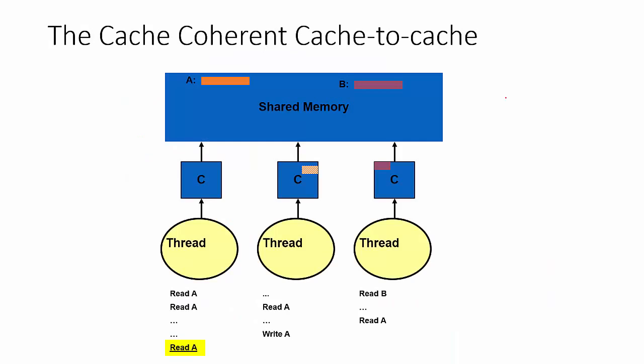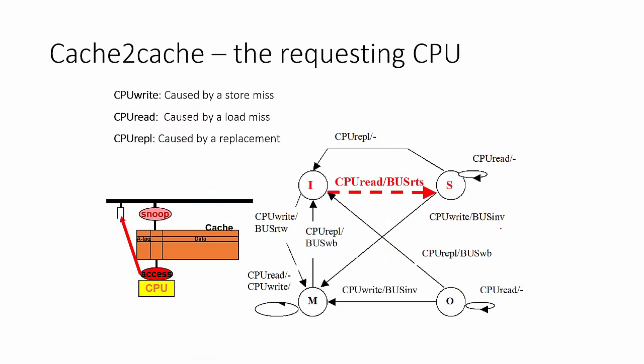If after the invalidation we have a read from another thread, we have to do a cache-to-cache transfer, and let's see how that is carried out here. On a superficial scale, this is what happens. This is from the CPU side: this is the core that had the cache line in the shared state earlier, but now it's been invalidated, and you do a CPU read caused by the load.